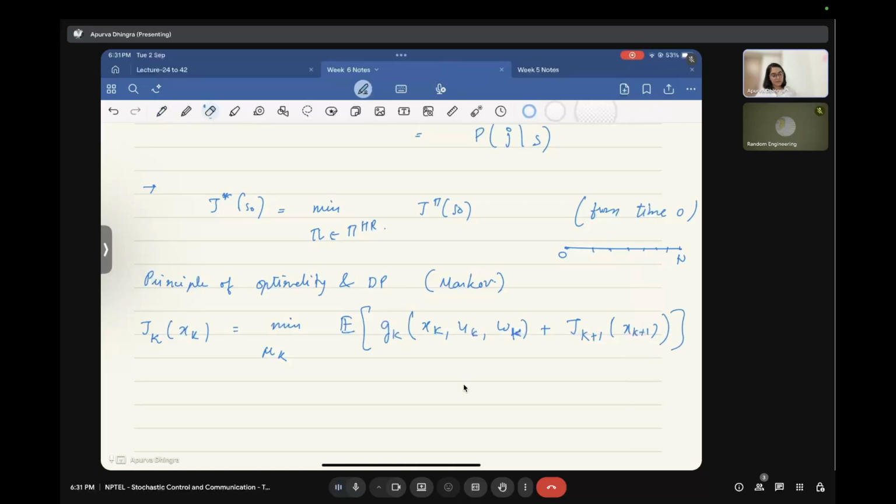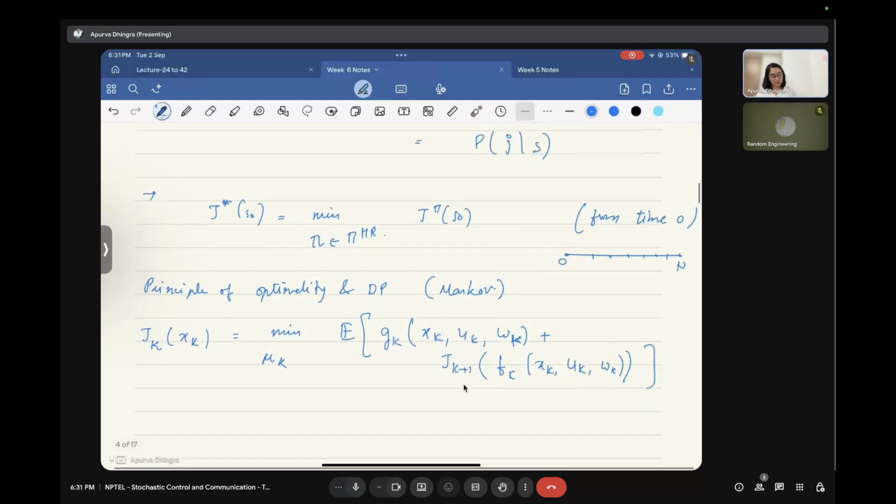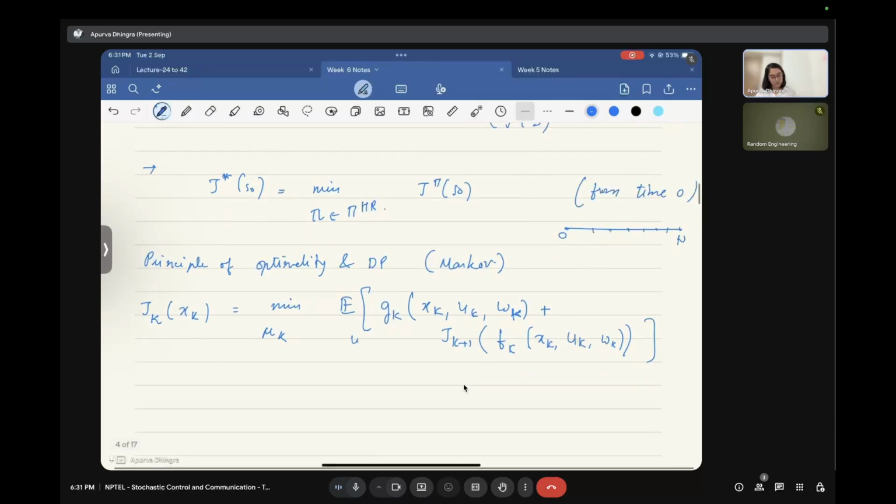Or we can replace this xk plus 1 by whatever dynamics leads us to it. Remember here the expectation was over wk, because that's the only source of randomness in our whole problem.